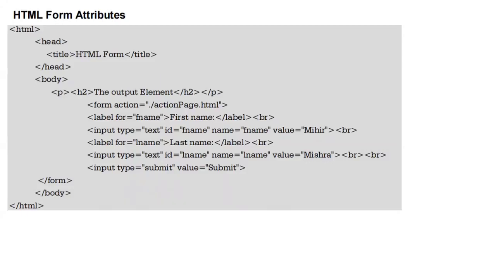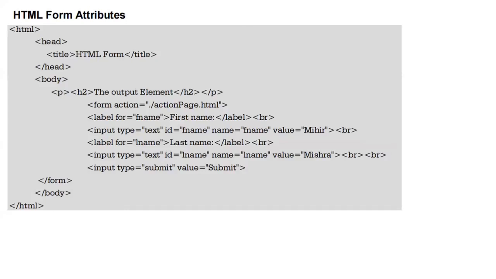In that case, you will have a separate type for a password, and your password will be hidden with a star or other bullet points. Here we have specified the value as name. When you give this, the value will be displayed on the output box screen. When you don't give any value, the user will have to enter the value. Otherwise, this value will be retained. This is how the actual form looks and works.